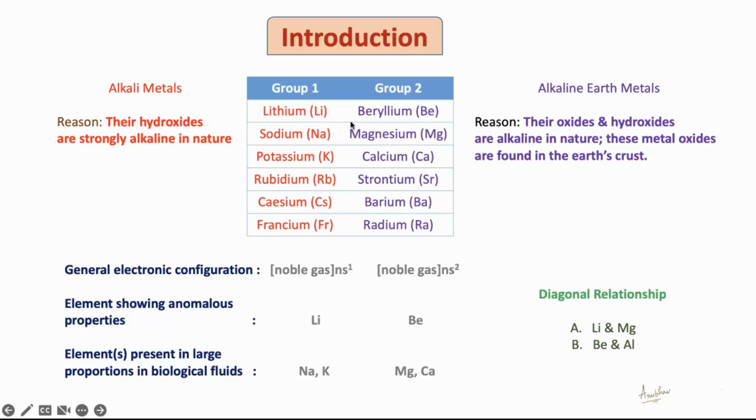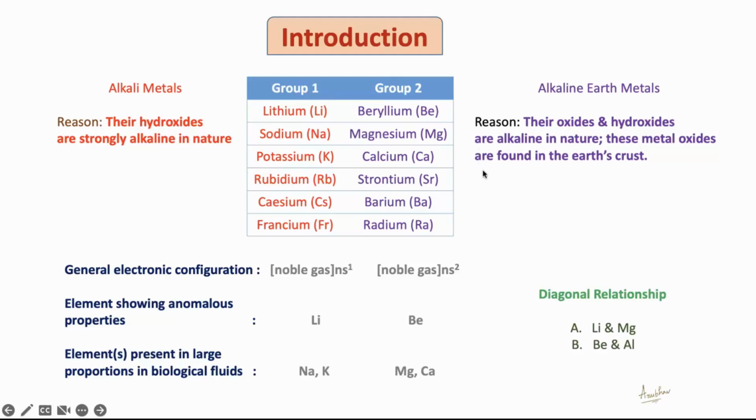These diagonal elements have some properties similar to one another, and this also holds for beryllium and aluminium. Aluminium lies right here in the periodic table. It is a group 13 element, which is why it is not shown here. But if you look at the actual, larger periodic table, you will see aluminium and beryllium are also diagonal to one another.